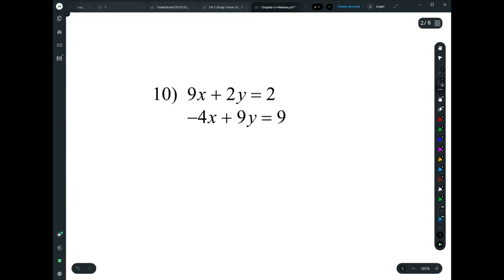So 0, 1 is the solution. Try any method you'd like. Come back, see if you get it correct. I'm going to use elimination. I'm going to do the top by 4 and the bottom by 9. So the top by 4 would be 36x. Bottom by 9.